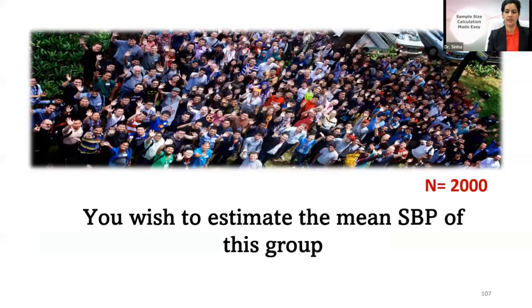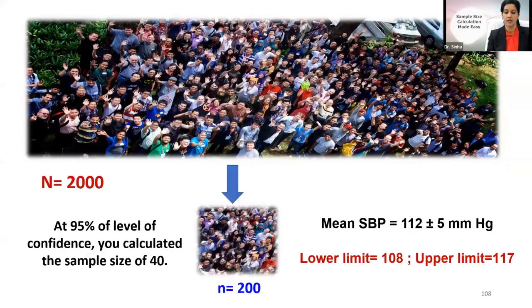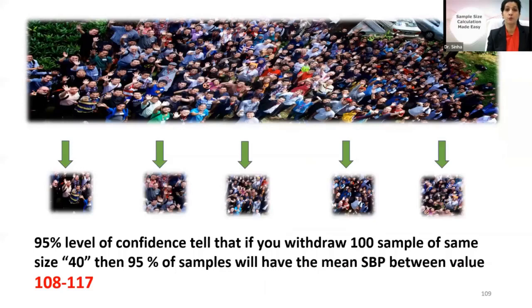I think I will skip this because time is less. This is again the same concept which you have seen with respect to the proportion. The same concept is applicable for the mean as well. If you can recall the previous example, the same example I have cited here: if you select 5 different samples or 100 different samples from the same population, your mean value will vary, because here the upper and lower limit is this much.